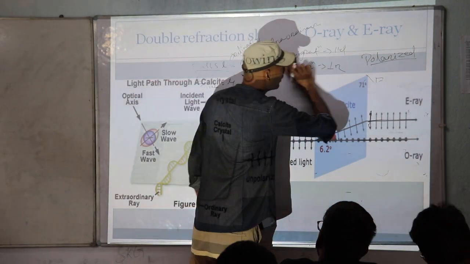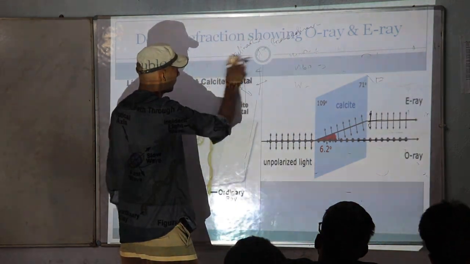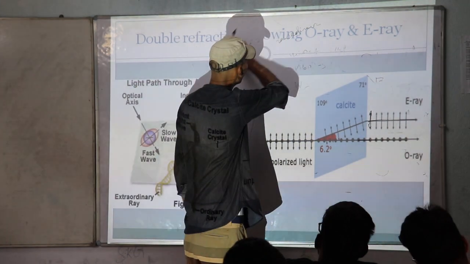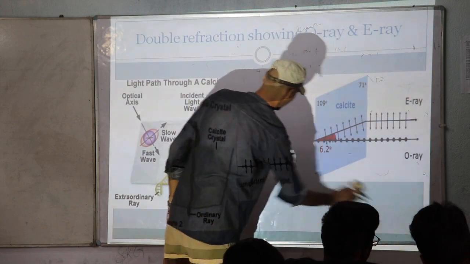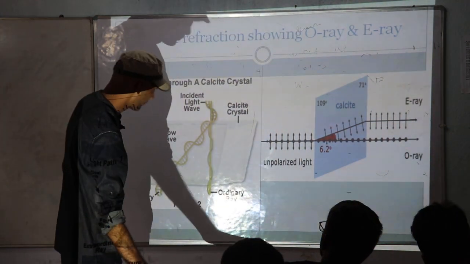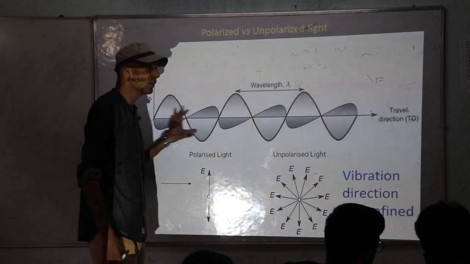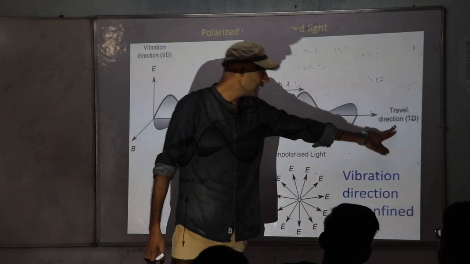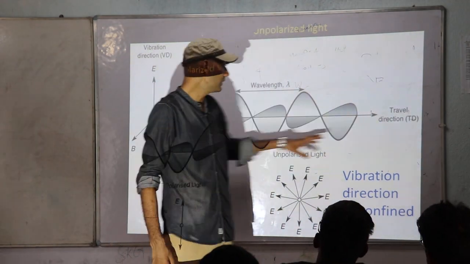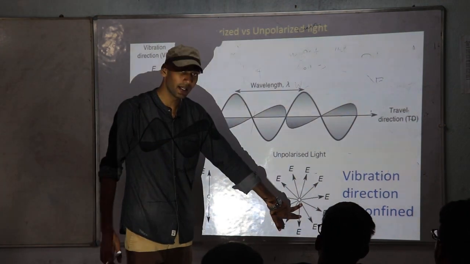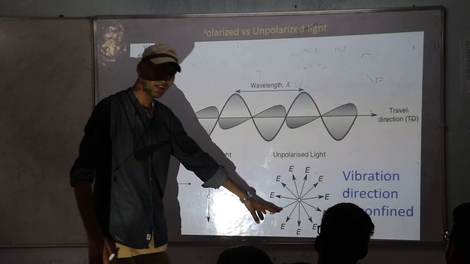Then we will go to polarization. So you can see here unpolarized light ray. Whenever talking about unpolarized light ray, there is a single direction of migration, but the vibration is in many directions, that is perpendicular to the direction of propagation but can be in any direction.